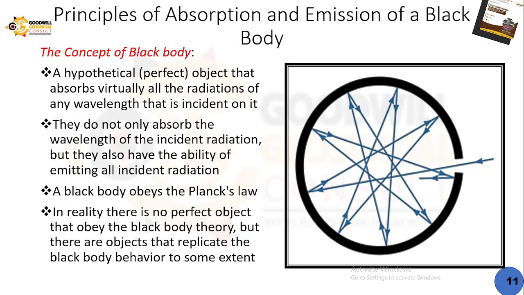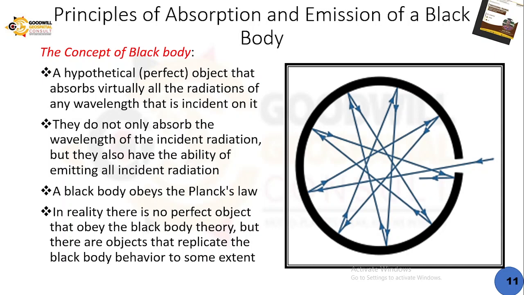A black body is a hypothetical object, a perfect object that virtually absorbs all incident radiation at any wavelength. They do not only absorb all radiation, but they can also emit all radiation that is incident on them. A black body obeys what you call Planck's law.